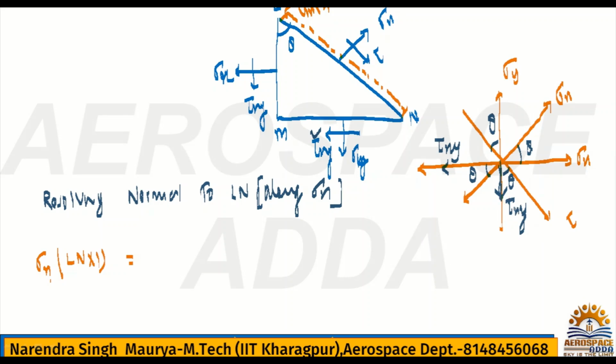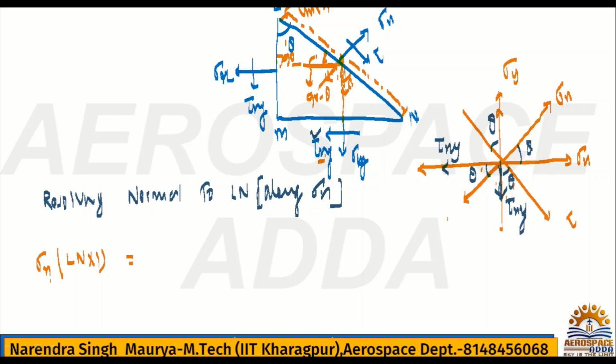And similarly, for this, we can shift this tau xy to this point. Once you shift it here, what will this angle be? Because this is theta and this is 90, this will be 90 minus theta.